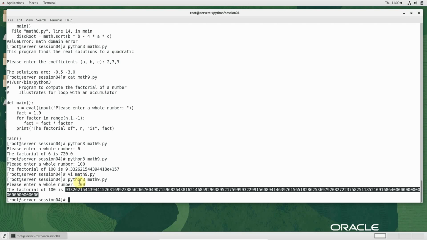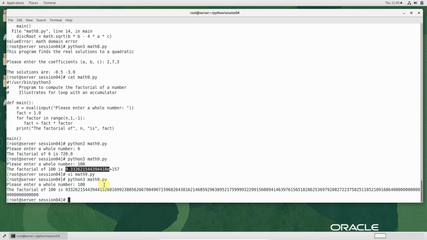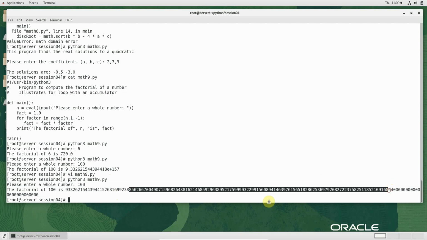But the problem is, when you take float, it gives you an approximation. If you take this, you will get up to here only, and then 10 raised to power 157. It means the actual fractional part is lost.